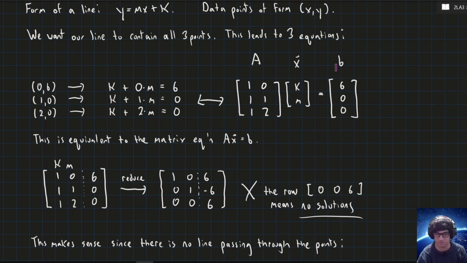That plane occupies a very small portion of all of R3. So in general, when we have more rows than columns, we shouldn't expect a solution. It's going to be very rare that we actually get a solution in that situation.